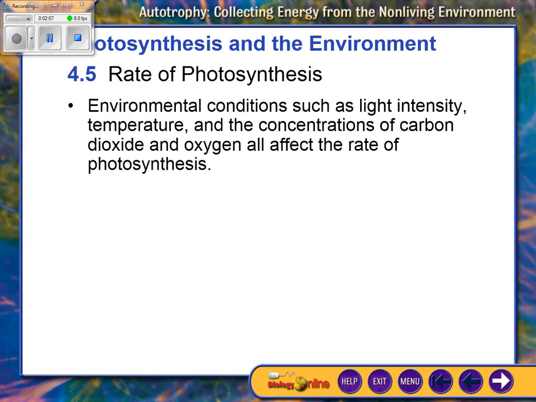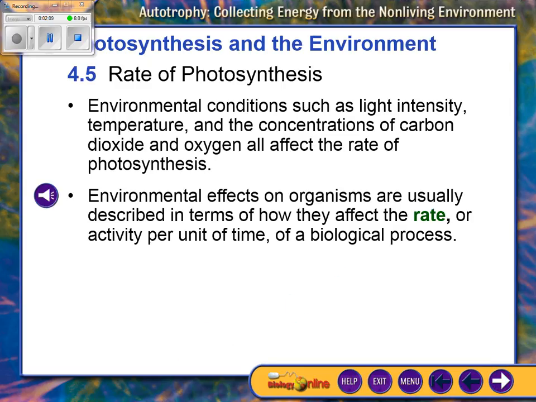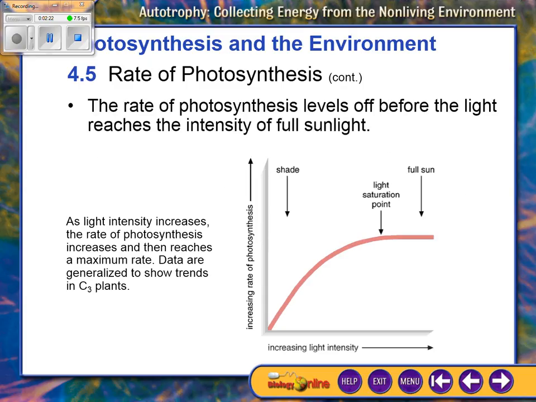All right. Now this last section in your book has to do with what increases or decreases photosynthesis. So think about that. Okay, so light. Check this graph out. You need to be able to read and use these graphs.